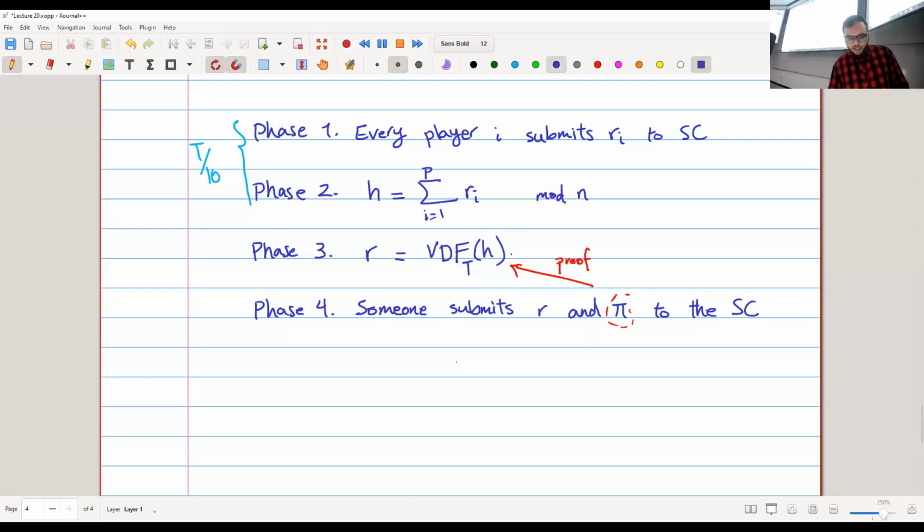And then the smart contract does verify of H, R, and P. So it verifies that R is the right VDF output for the value H, which was also saved in the smart contract.